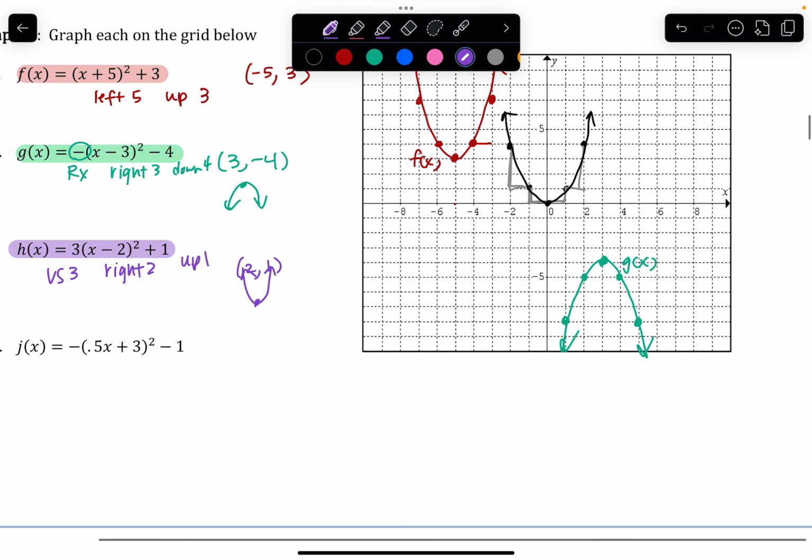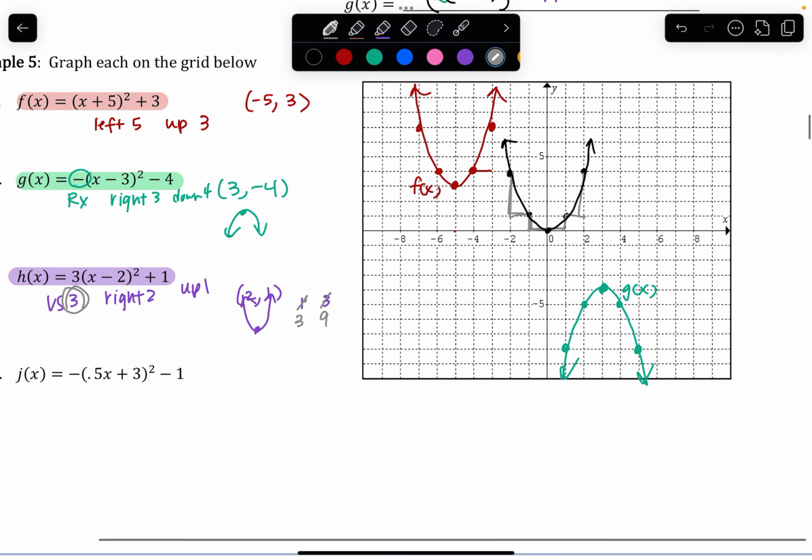Okay, and so instead of our y's going 1, then 3, that's going to be changed by a factor of 3. So 3, 9. Okay, and so let's get the vertex first. (2, 1). Instead of going up 1 over 1, we're going to go up 3 over 1.